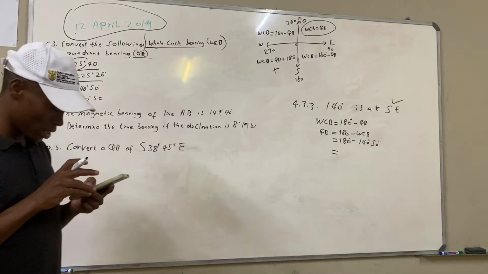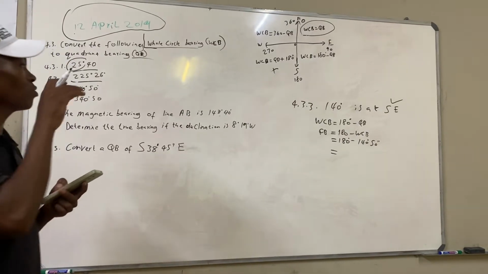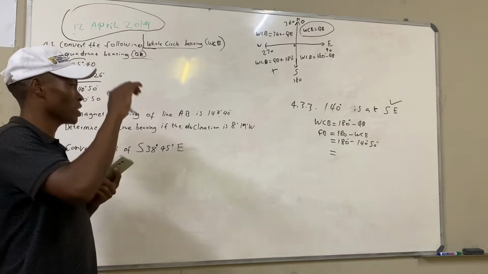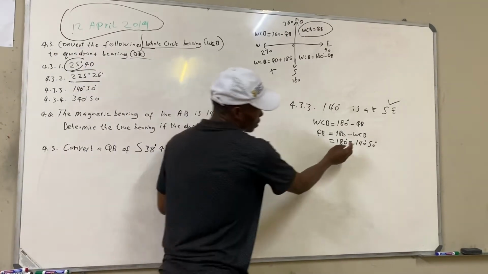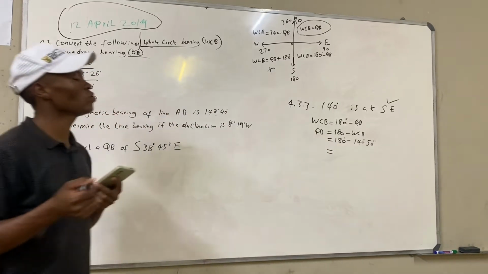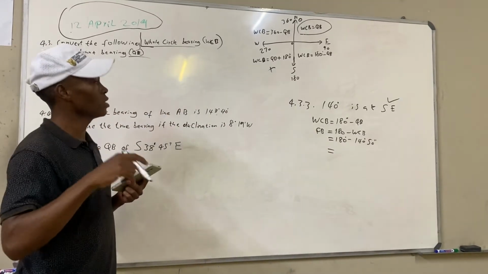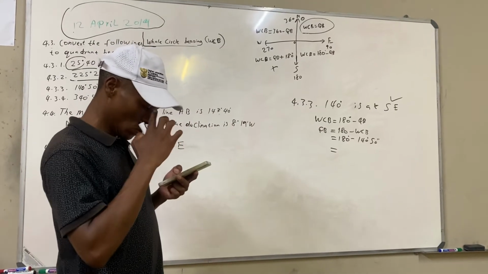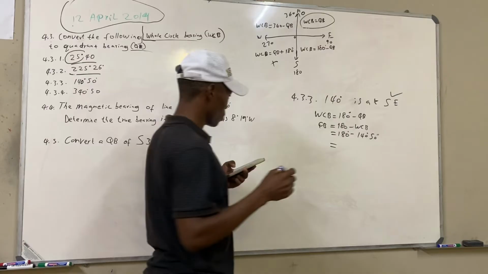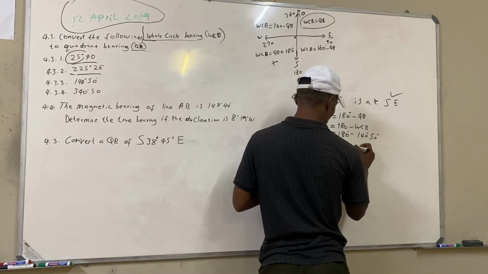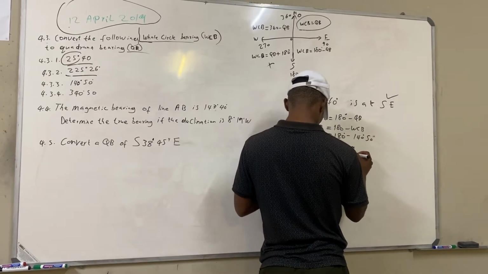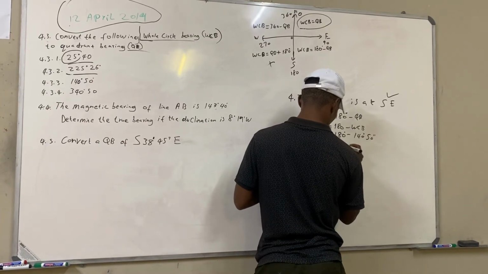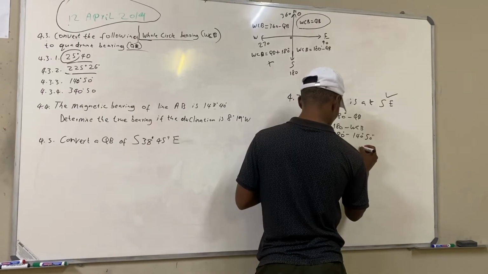Press 180, then the key. Subtract 140, press the key, which shows the degrees. Then you press 50 and the key again. So we are going to get not 49, but 39 degrees 50 minutes.